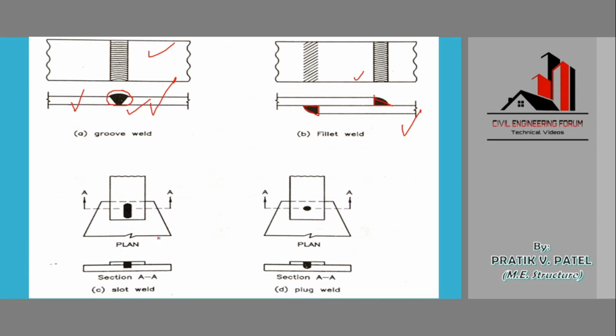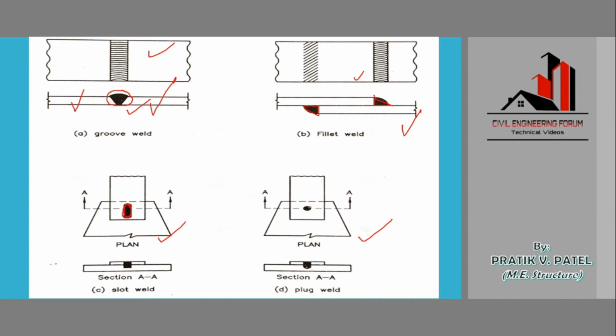And the third is slot weld, where seeing from the top we can see a small slot is fixed from the top and not entirely penetrated, but penetrated partially in the bottom plate and entirely in the top plate. So in this way a slot is being fixed to join the two plates. And the last is plug weld.